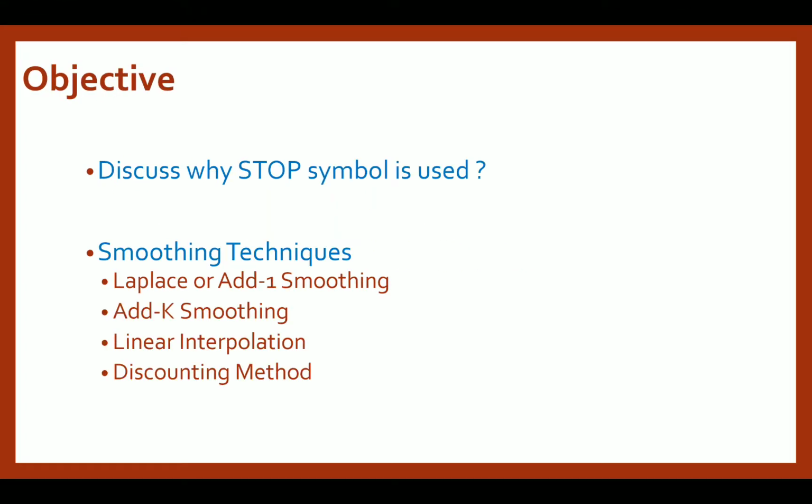In today's lecture, we will also discuss why we have used the stop symbol, and then we will see what the issues with the n-gram model are and how we can take care of them with something called smoothing techniques.